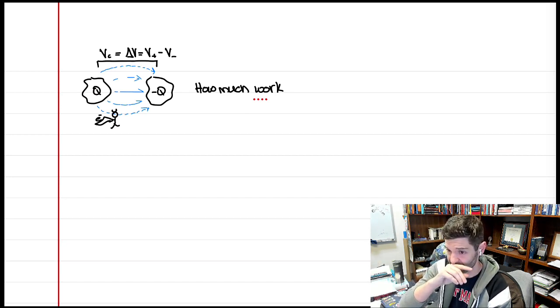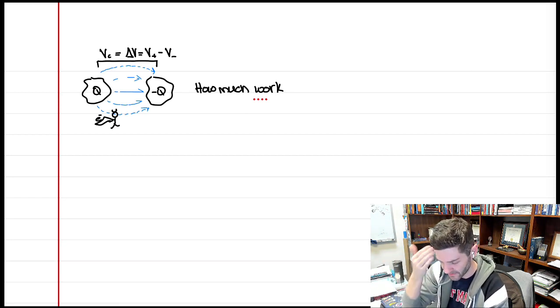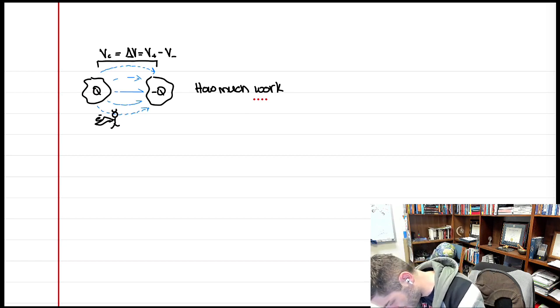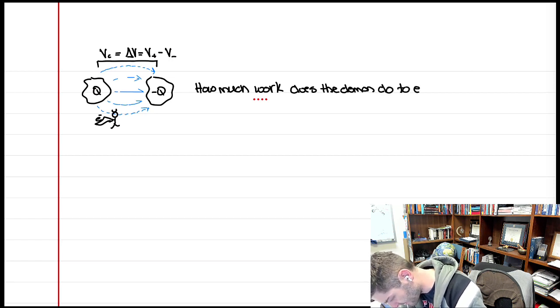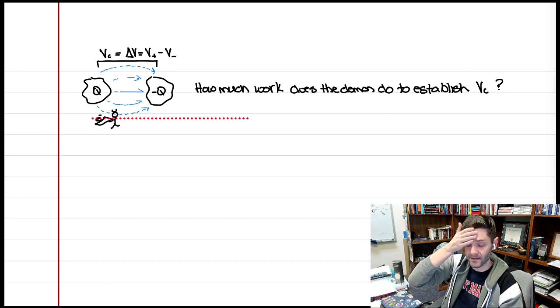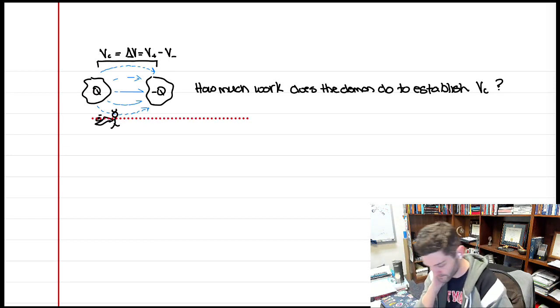The electric field is encoded in the potential difference V. So how much work does the demon do to establish VC, this potential difference between the two?